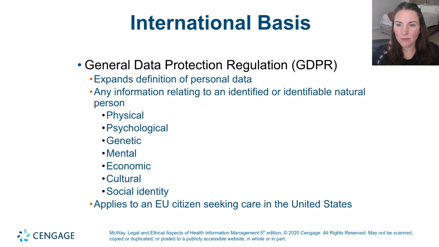This would be any information that could identify someone: any physical, physiological, genetic, mental, economic, cultural, and social identity factors. This would even apply if someone from the EU saw a doctor here in the US, which I think is pretty cool.